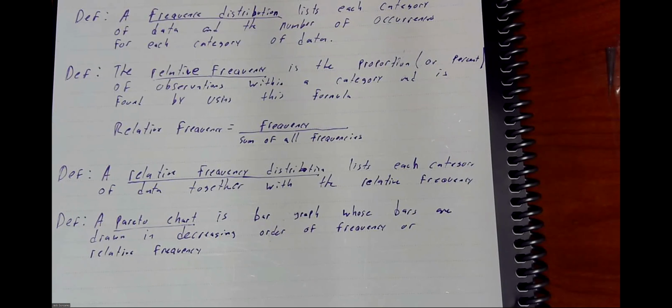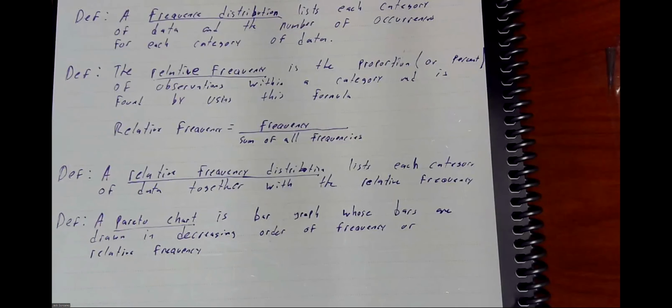A bar graph is a horizontal or vertical representation of the frequency or relative frequency of the categories.